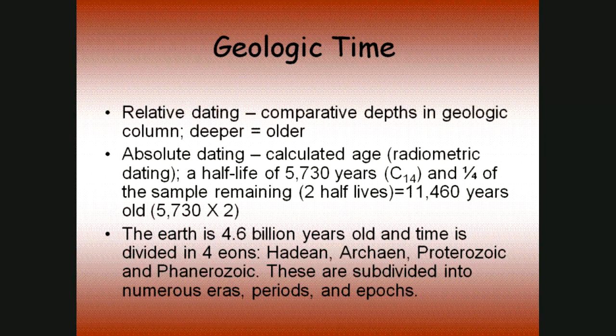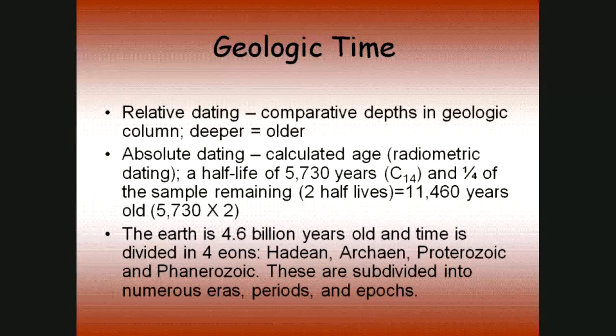Okay, now the more reliable method is called absolute dating. Sometimes it's called numerical dating, and sometimes it's even called radiometric dating because it uses radioactivity in its process.